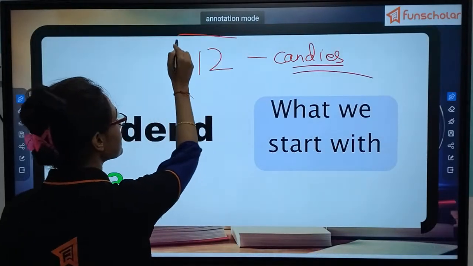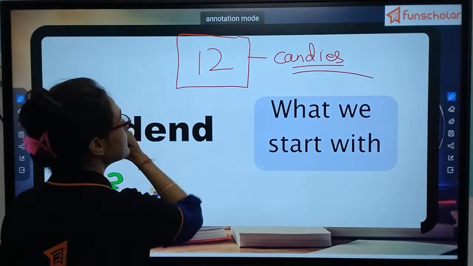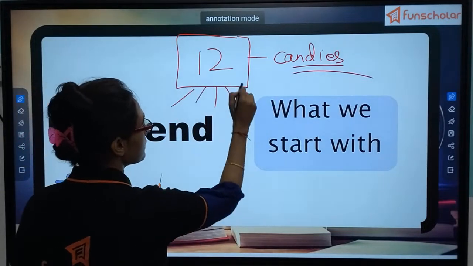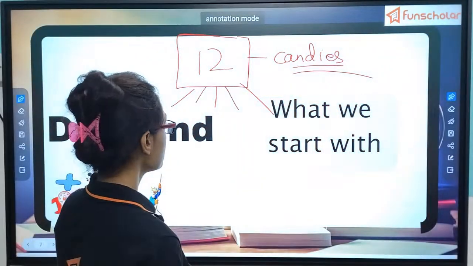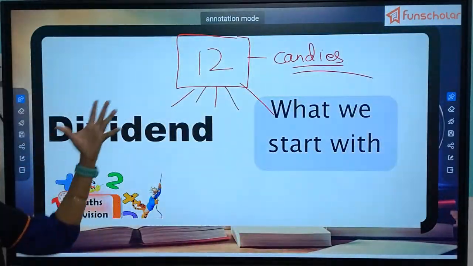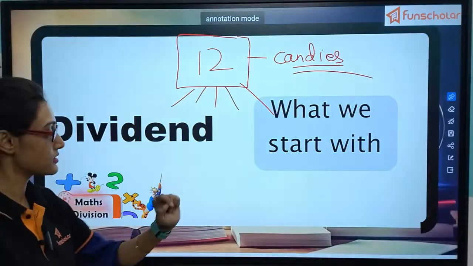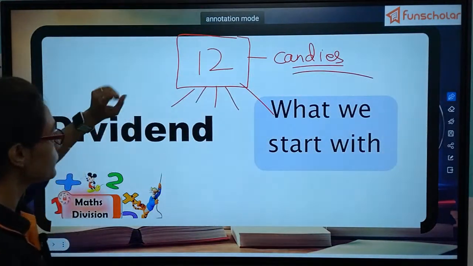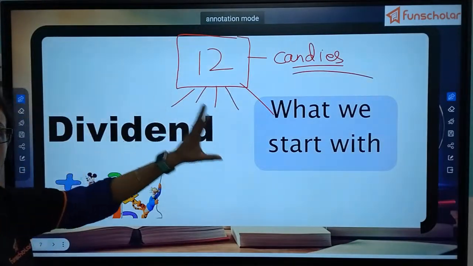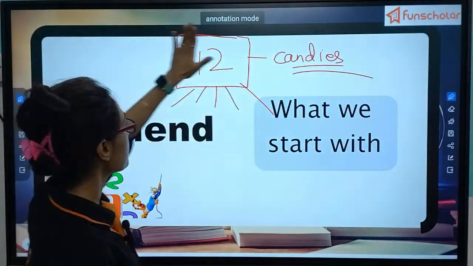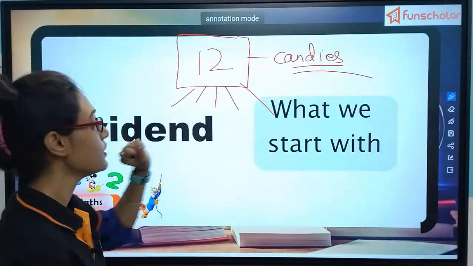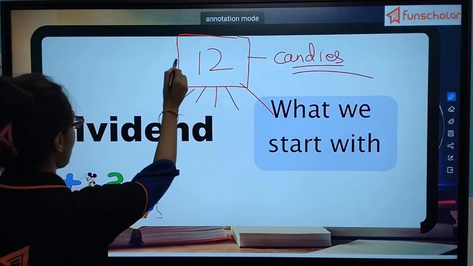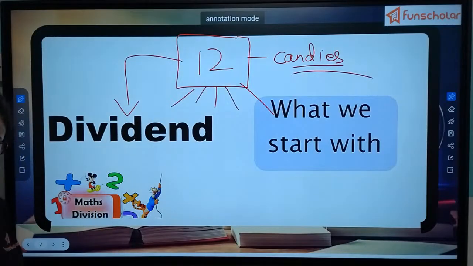So this 12 is the number we will split among different people or different groups or different things. So here 12 is the larger number, the number we start with, and this is the number which will be divided. So this number is known as dividend.